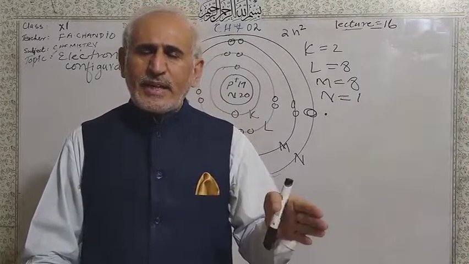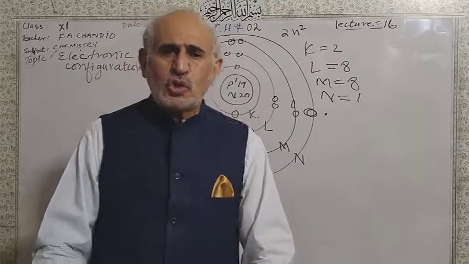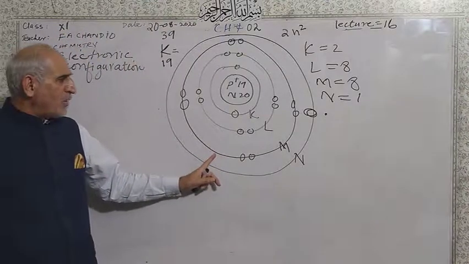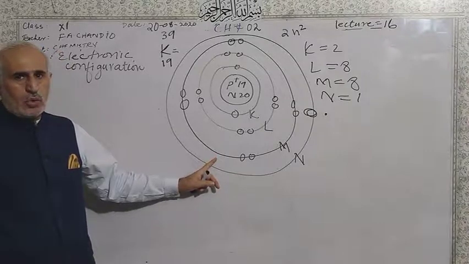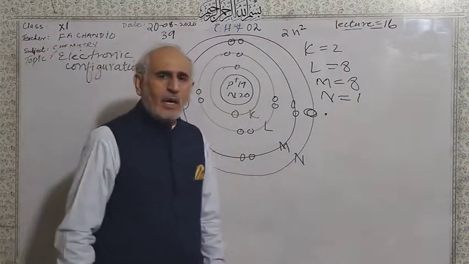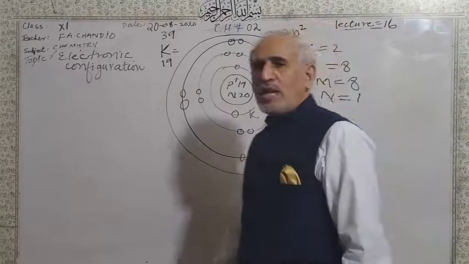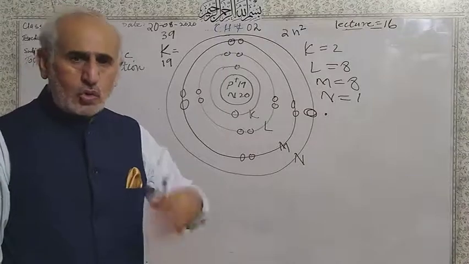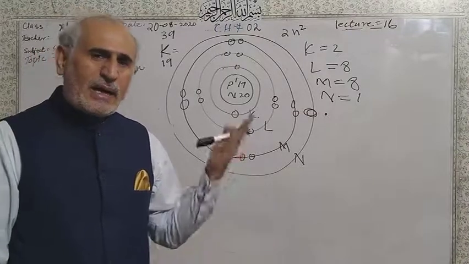It is present in group number 1A, alkali metal. So the next orbit, which is M, must be completed by the octet rule. When it loses this electron to give the positive 1 cation, the last shell will be completed by 8 electrons. So two rules are applied, the duplet rule and the octet rule.